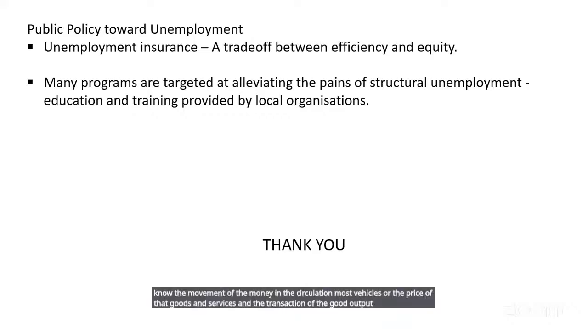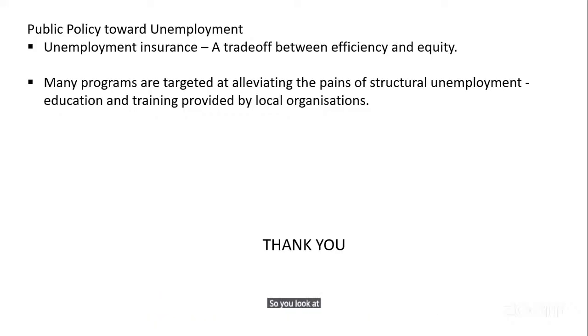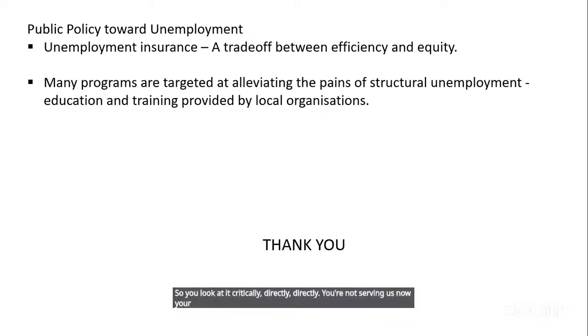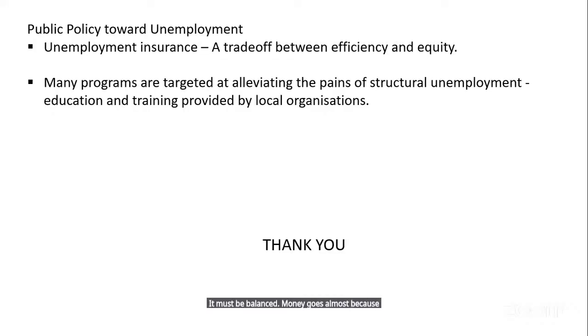That's why they call it the equation. So if you look at it critically, directly or indirectly, it's the same thing as saying your national income must be equal to national expenditure. It must be balanced. Money that goes out must be equal to money that comes in. That's exactly what the quantity theory of money tries to say.